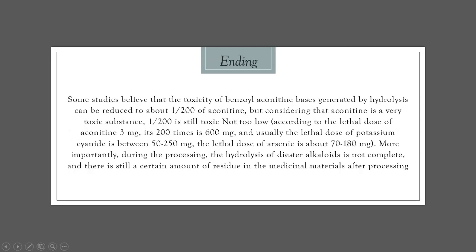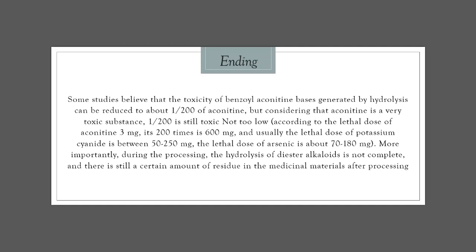So, the ending. Some studies believe that the toxicity of benzoylaconine bases generated by hydrolysis can be reduced to about 1 over 200 of aconitine. But considering that aconitine is a very toxic substance, 1 over 200 is still toxic, not too low.